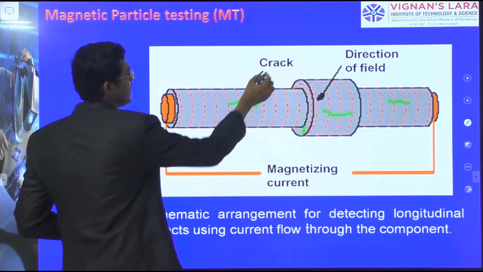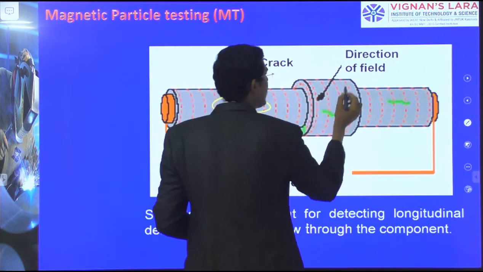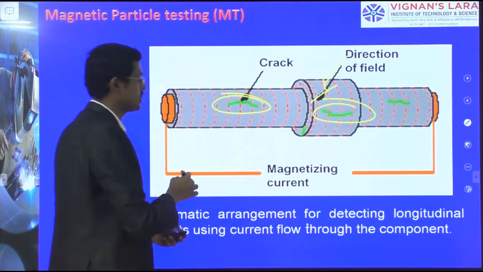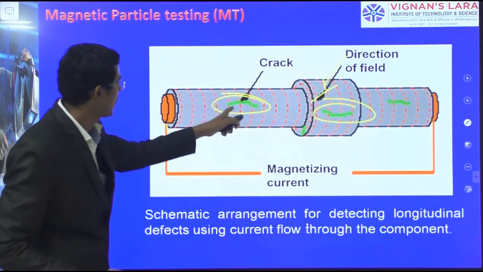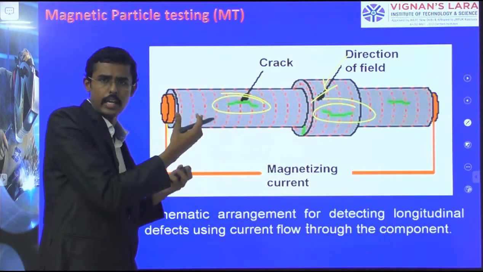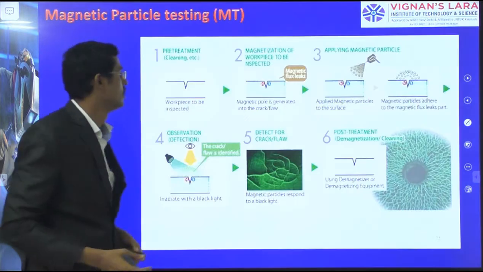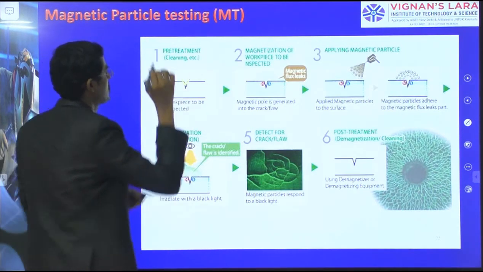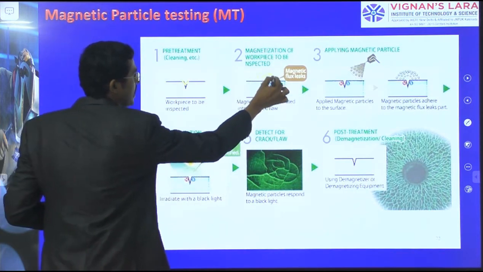Likewise, the crack is available here, and the direction of the field I am applying over it is a magnetizing current, magnetized from north pole to south pole. When there are accumulated colored iron particles at the crack, I can find it. So first, we understand there is a defect. First the field is created.